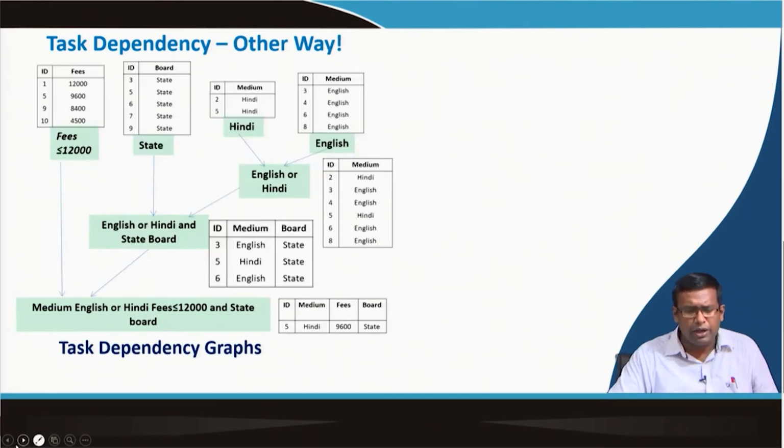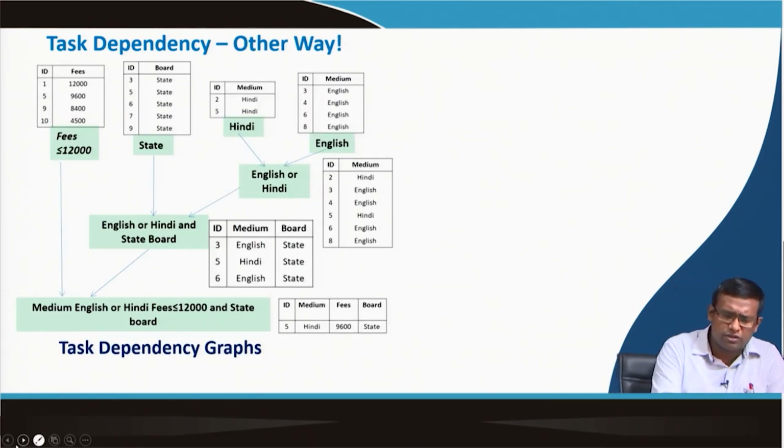Well, now you can get the task dependency graph done in the other way. First, you find out these sets: fees less than 12,000, board state, Hindi and English. Then you first find out the union of this set, set A, and then you find out its union with set B, and find out the intersection with set C, the state board, and find out the set which satisfies either English or Hindi medium as well as state board, and you got 3 schools here.